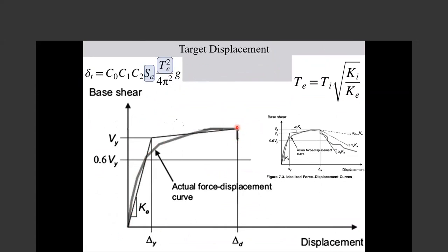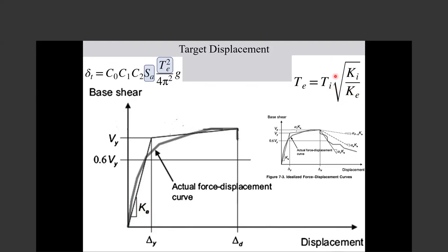So in the capacity spectrum method, which is another way of doing pushover that is implemented in most software, they call the equivalent stiffness the secant stiffness. They say draw a line from the origin to the target displacement. The slope of this is the equivalent stiffness, and use it here.